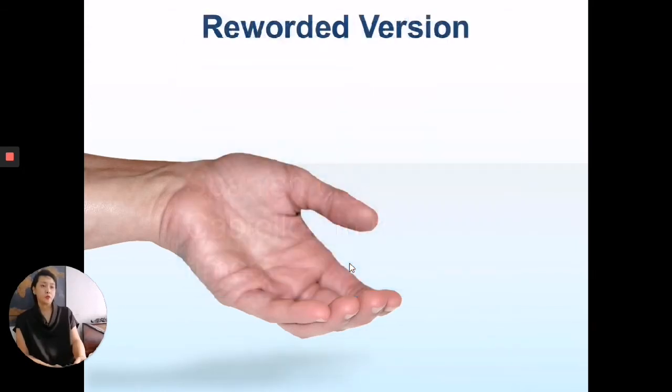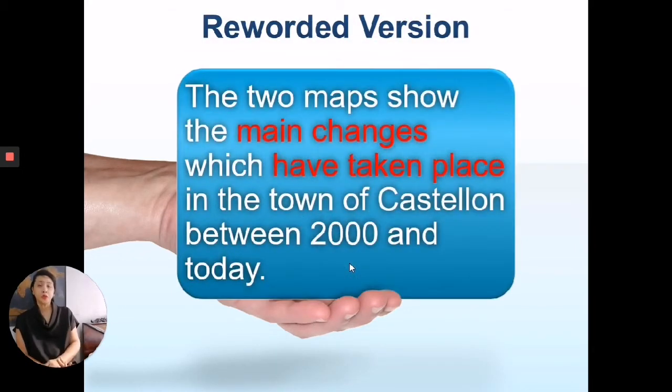This is how you reword: The two maps show the main changes which have taken place in the town of Castellon between 2000 and today. Now here, try to level up your words. You can use adjectives, main changes or major changes, and also level up your tenses. So here we have the present perfect tense, have taken place.